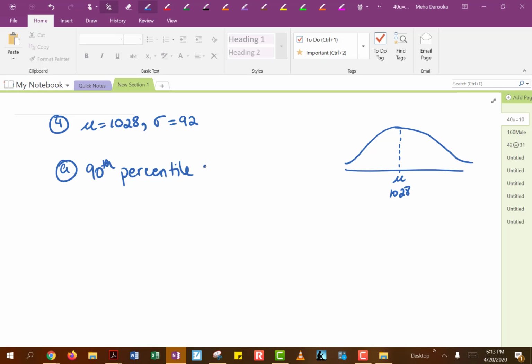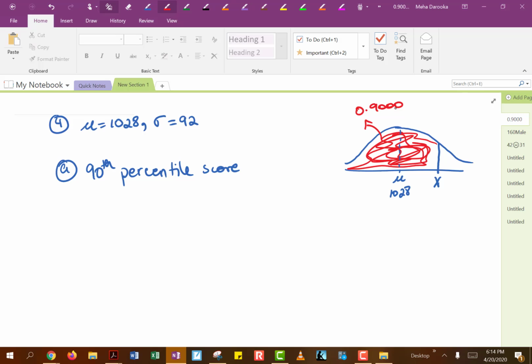Okay, so the 90th percentile score tells you that 90% of the data values, or 90% of the scores, are going to be below this value. So all of this here will represent 90% of our scores, right?